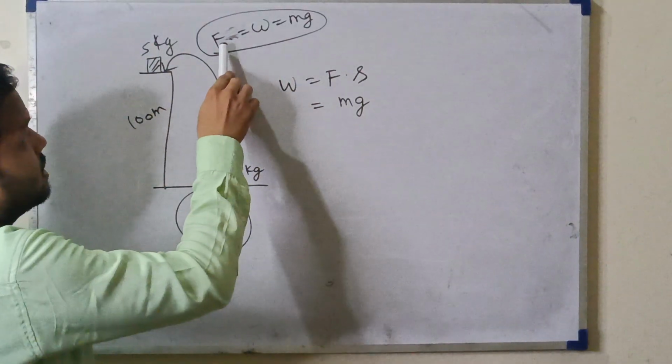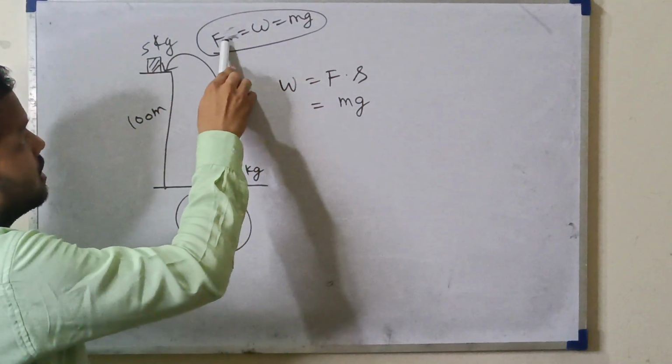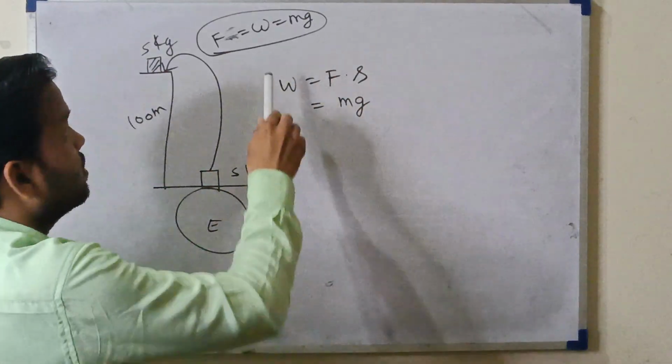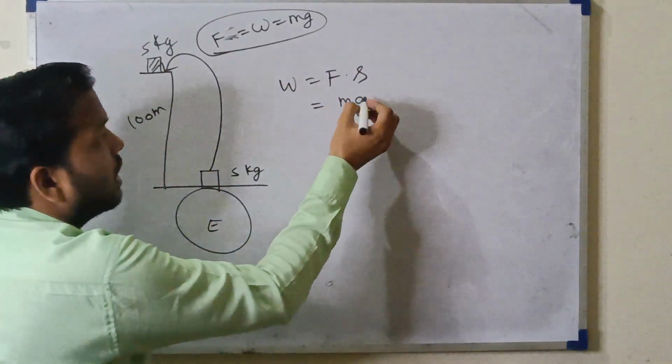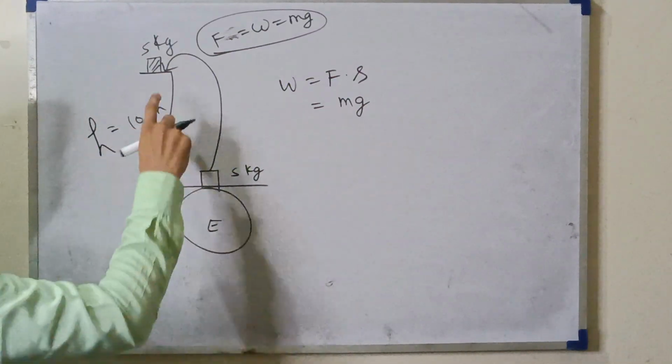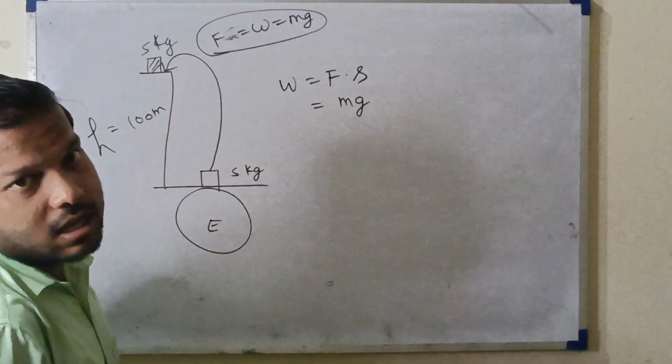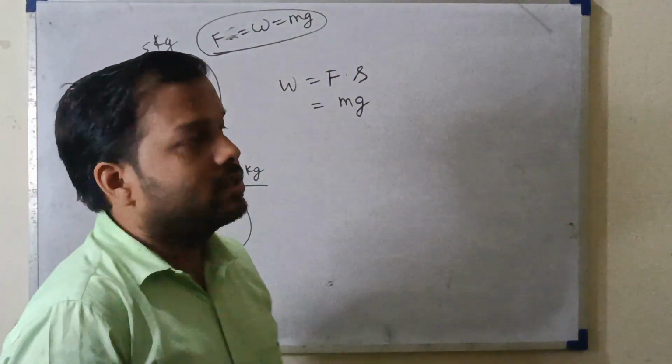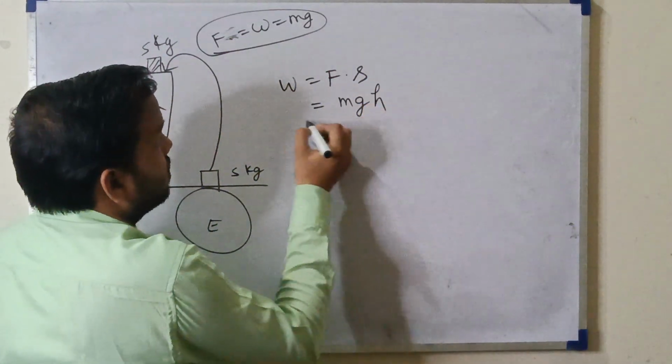This is weight, this is the force of gravity, F is equal to mg. In this case, the displacement S is h, height.